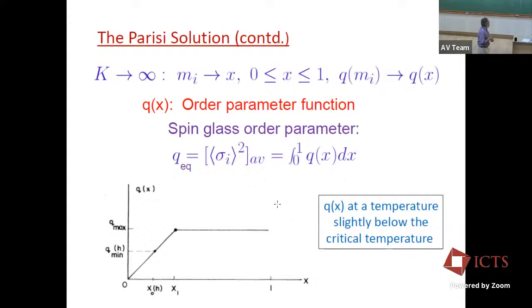Now, the next question that would come up is that we have a Q of X with a dependence on X. So how do you relate your physical quantities to this Q of X? Again, there was a lot of controversy about that.